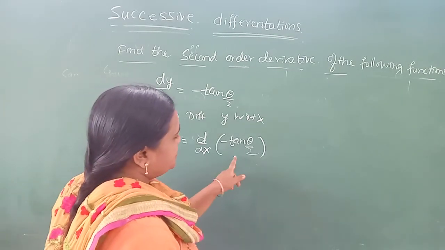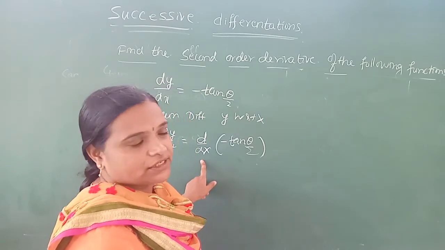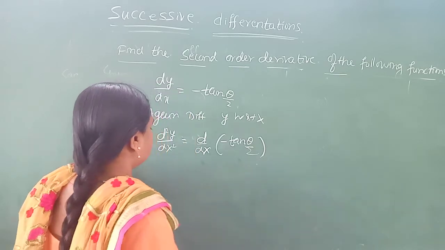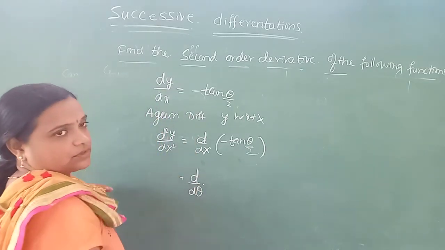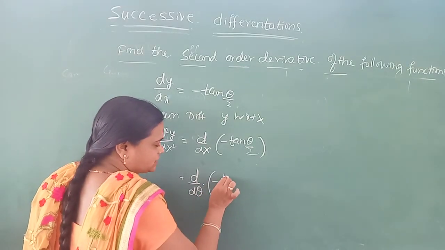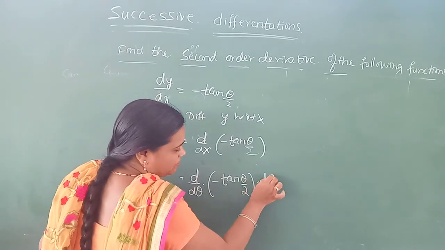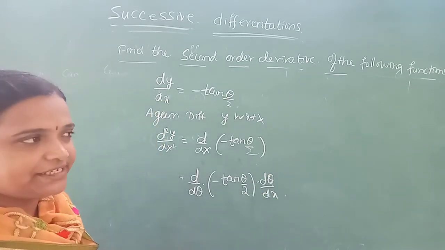See, inside it is a function of theta, but it is given in terms of x. Therefore, we have to manipulate this in the form of d by d theta of minus tan theta by 2 into d theta by dx.